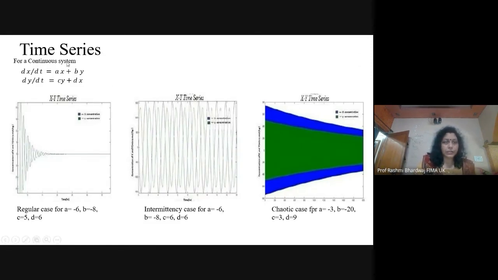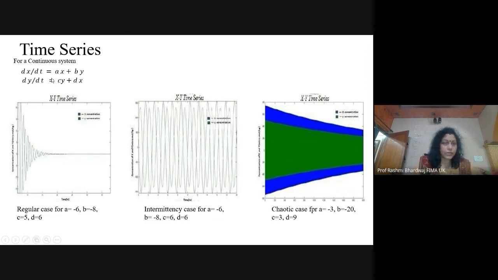This is a continuous system: dx/dt = ax + by, and dy/dt = cx + dy. This is the system, and this is the graph. It is a graph between time and the x value, and time and the y value, and this is the plot of the xy time series.